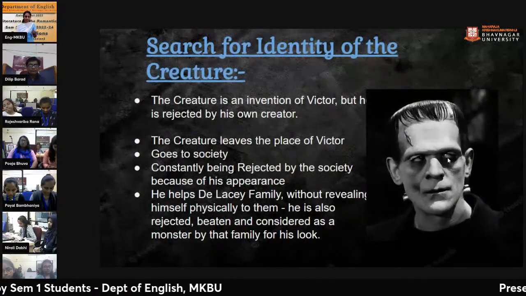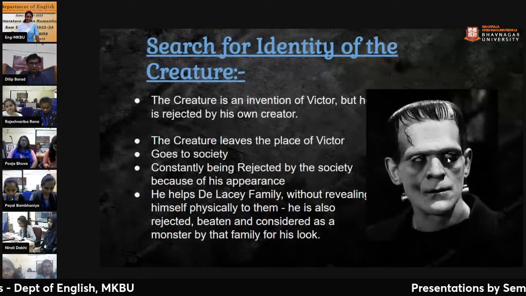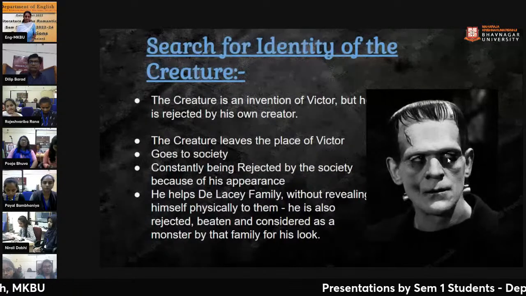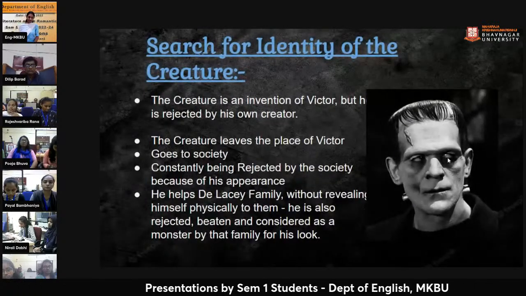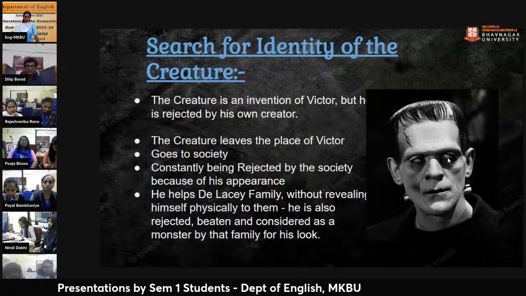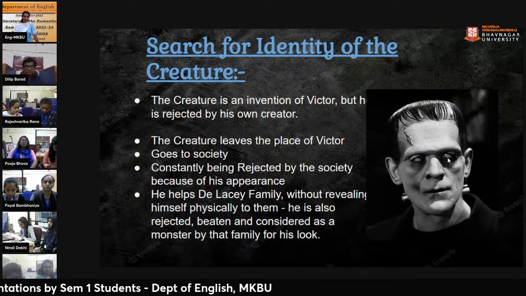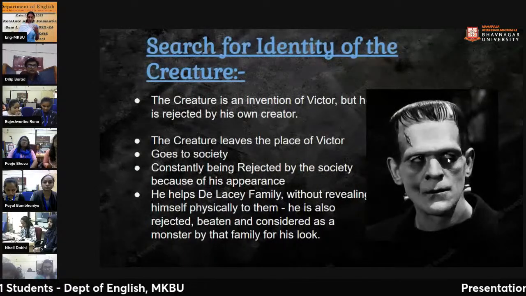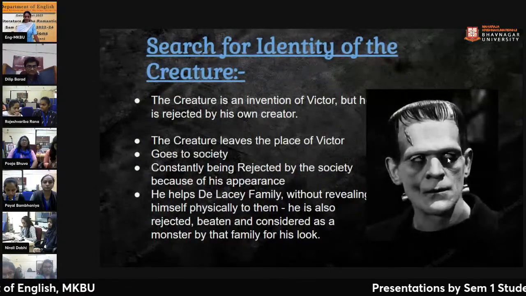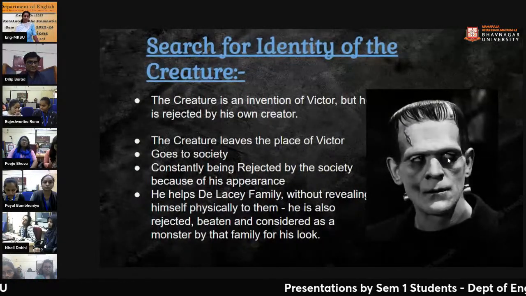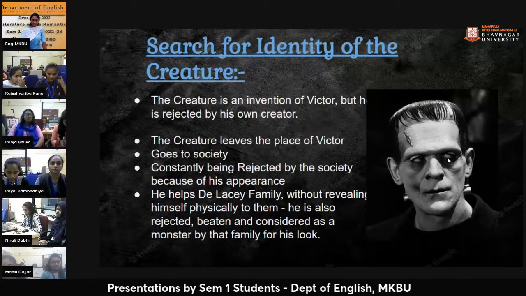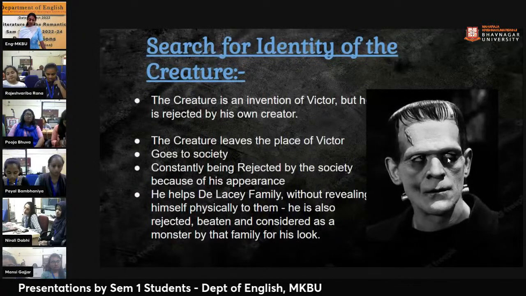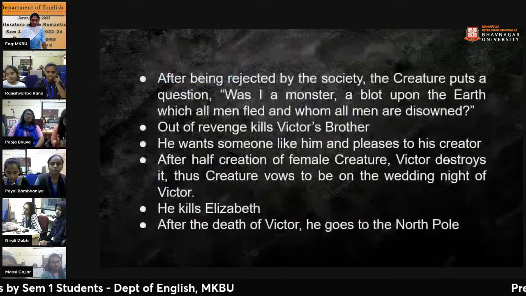Then later on he goes to the De Lacey family, and he works without revealing himself, in an anonymous way. After that, when a person from that family sees the creature, he is also rejected and beaten by that family and considered a monster because of his look.